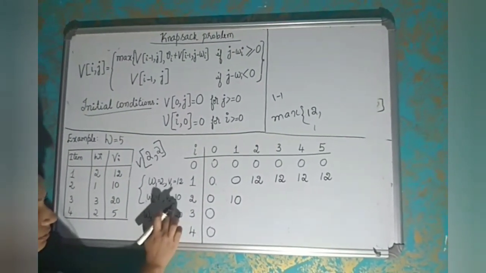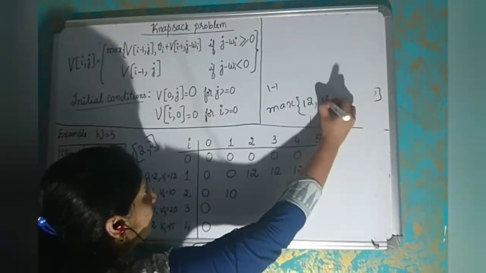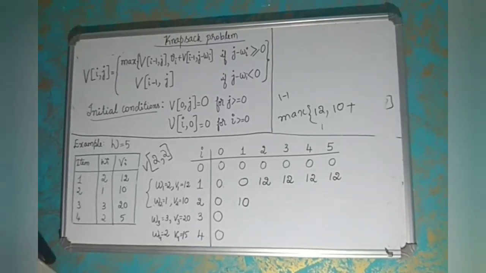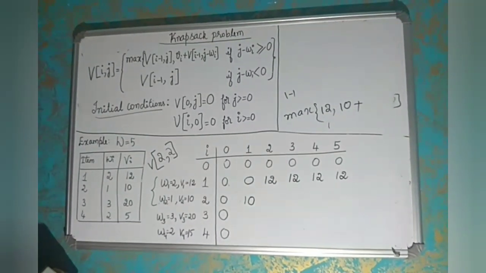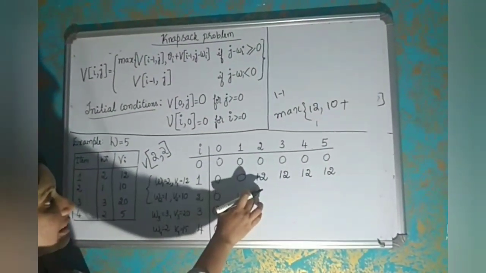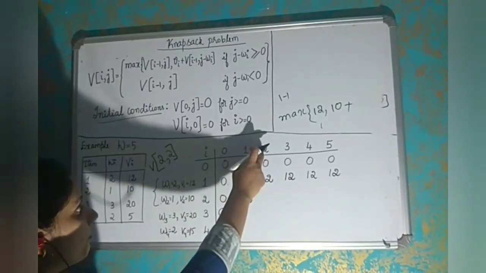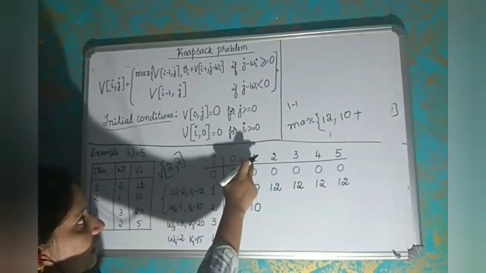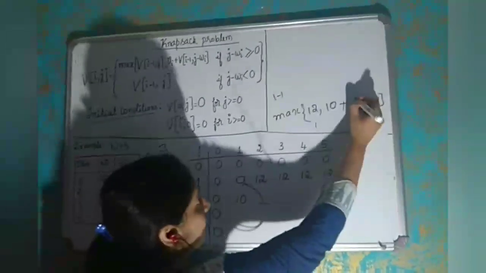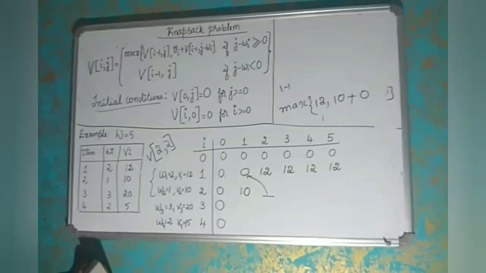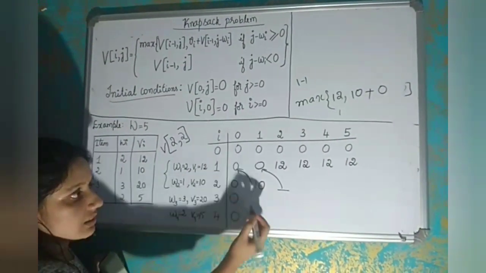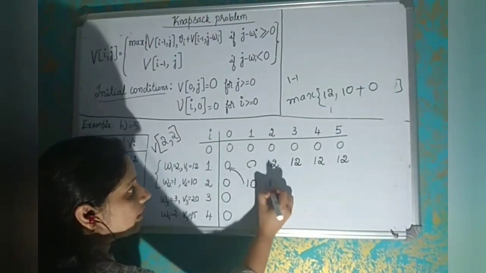Vi is 10 plus V of i minus 1 comma j minus wi. i minus 1 means the previous row. j minus wi. j is what? 2. Wi is what? 1. So it is 1. So we are finding this value. So it is 12 comma 10 plus 0. So that will be 12 itself.